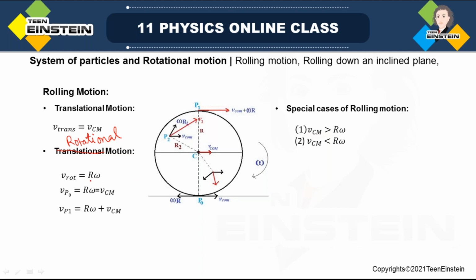So, rotational motion: the disk rotates with angular velocity omega about its symmetry axis, which is passing through the center.